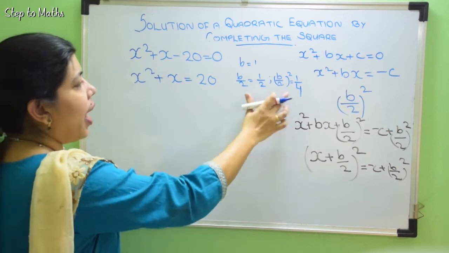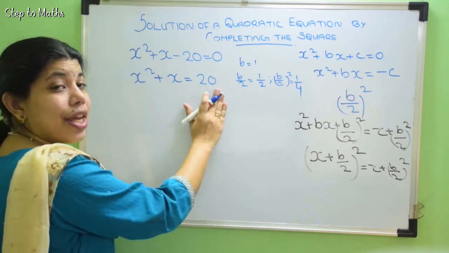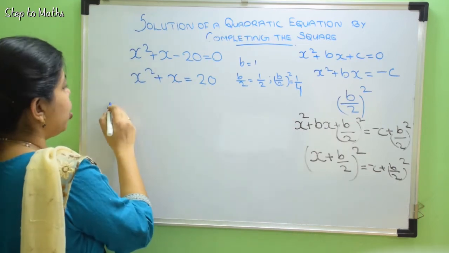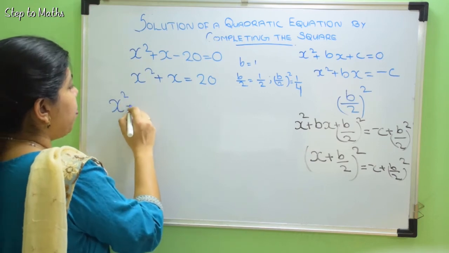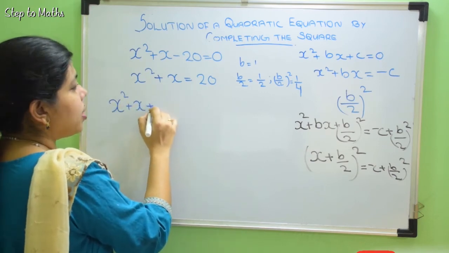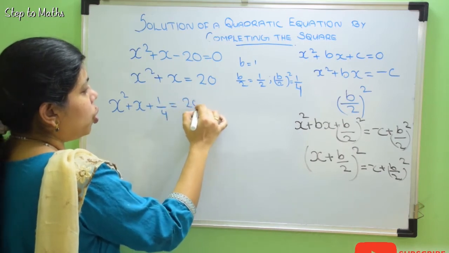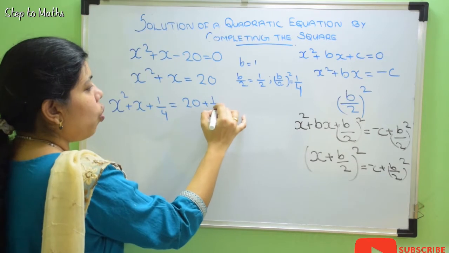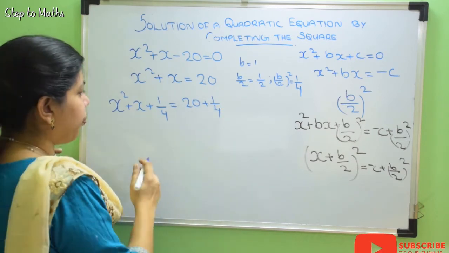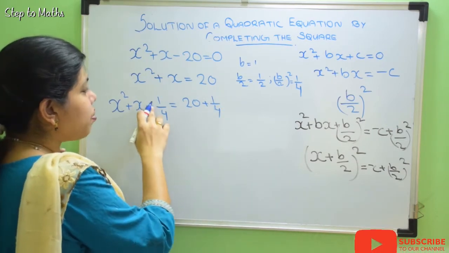So add that value on both sides of this equation. Then this equation becomes x square plus x plus 1 by 4 equal to 20 plus 1 by 4.